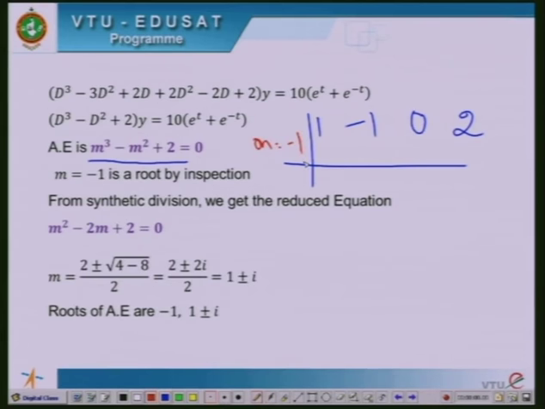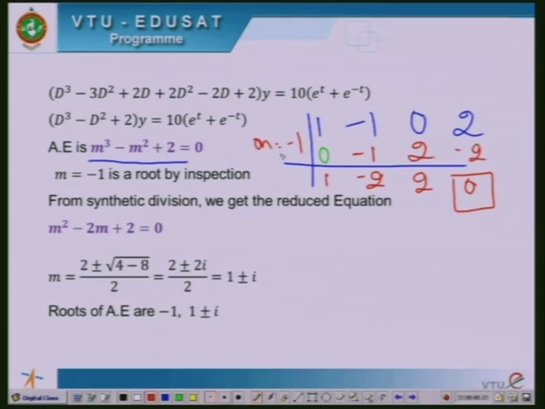Next, procedure is write 0 here, add 1 plus 0, 1. Multiply, 1 into minus 1, which is minus 1, add these two, minus 2, multiply, you will get plus 2, add it, 2, 2 into minus 1 is minus 2, 0, you should get 0 here.